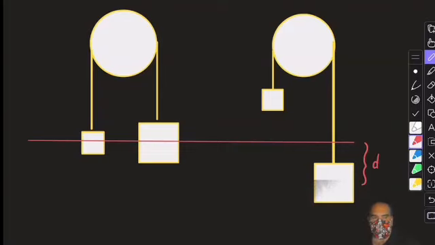So I hope it's not too hard for you to realize that if that box went down a distance d, this box had to go up a distance d. Any question about that? And they're accelerating. So this box now has velocity and it didn't before. But this box has to have the same velocity. Right? They're connected that way. They move the same distance and have the same velocity.